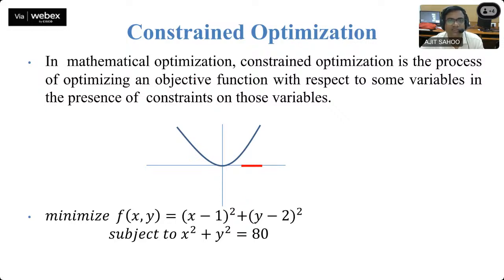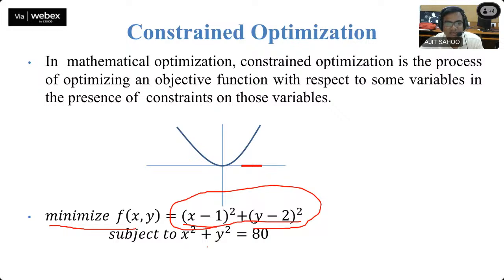But in mathematical optimization, constrained optimization is the process of optimizing an objective function with respect to some variables in the presence of constraints on those variables. Now, when I write minimize f(x, y) with (x minus 1) whole square plus y only, that means this is unconstrained optimization. Finding an unconstrained optimization solution is very easy.